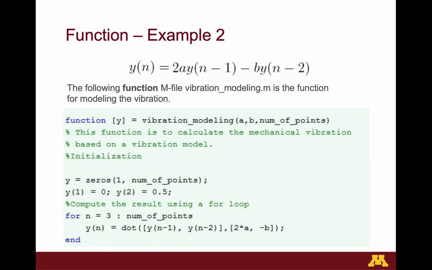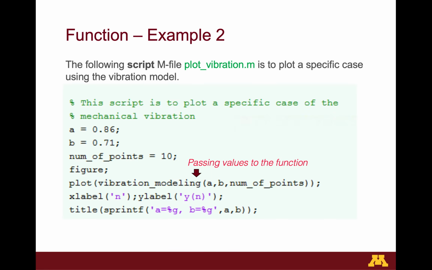Here you see a for loop, which we will introduce in the last session of this lecture. And after we define that function, we can use a script file to call this function and display it by using the plot function.